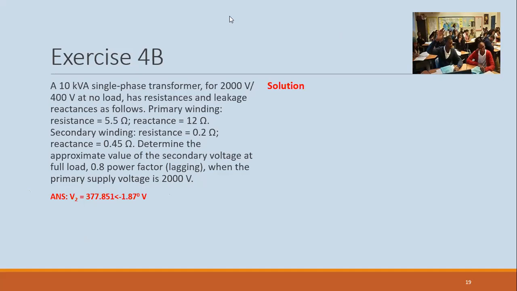The question is in regards to the simplified circuit. Sir, when you say refer to the secondary, is it because of how the circuit is? Because at no load there is no current in the windings on the secondary. Why would you refer it?